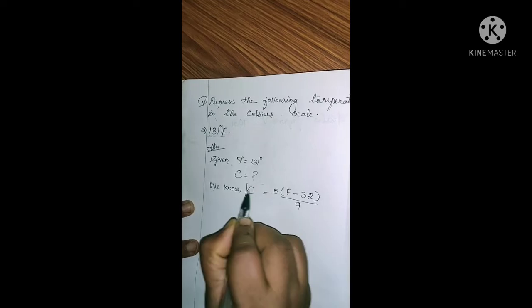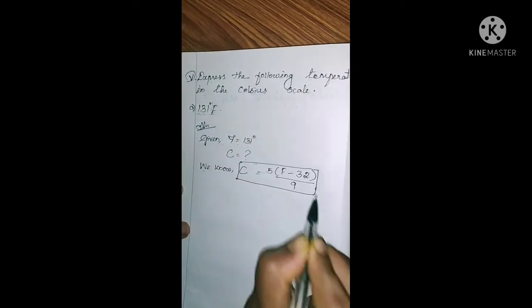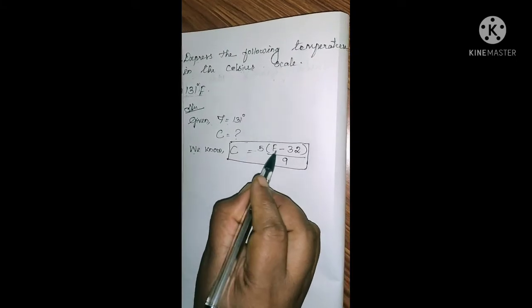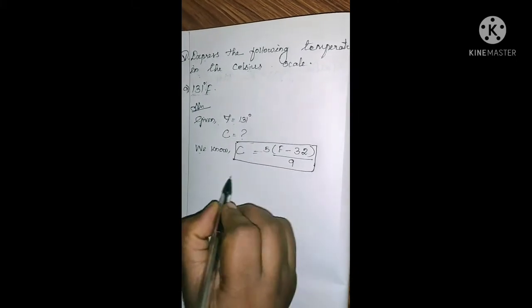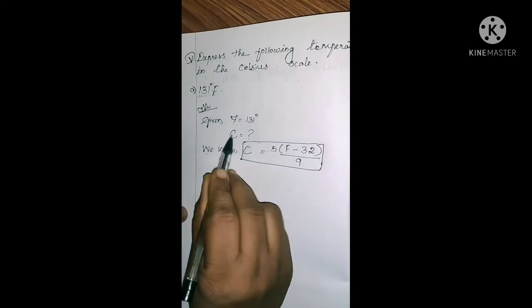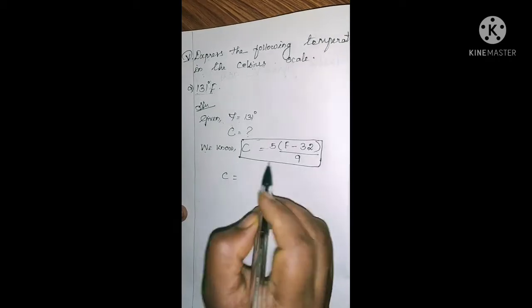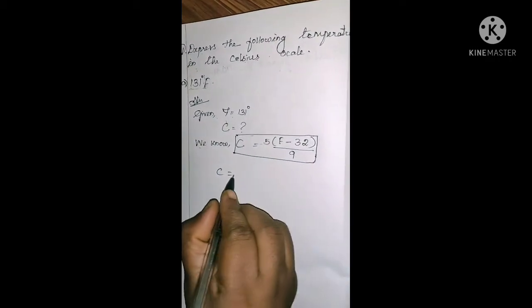This is a very important formula, put it in a box. C is equal to 5 into F minus 32 by 9. Therefore, C is equal to, now we substitute the value which is given. Only for F we substitute here, and simplify the steps.